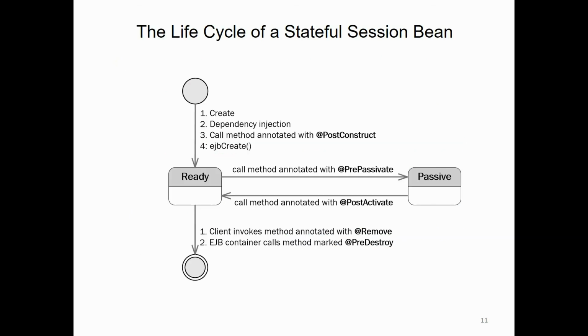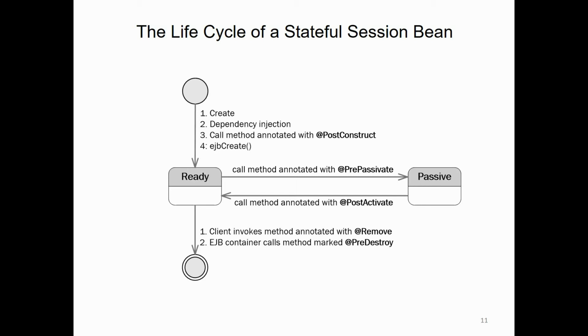Now, the life cycle of a stateful session bean has basically two states, ready and passive. When the EJB container gets a request for a stateful session bean, it will, first of all, create an instance of that stateful session bean, then do all the dependency injection. In other words, any resources that are required will be instantiated and brought into the scope of this session bean.